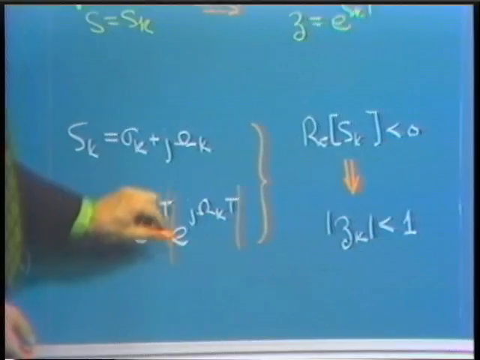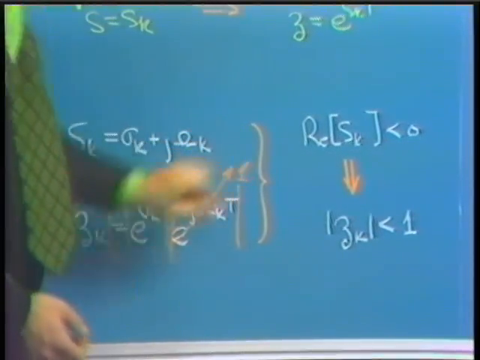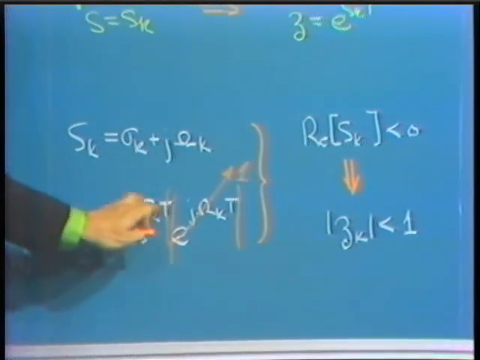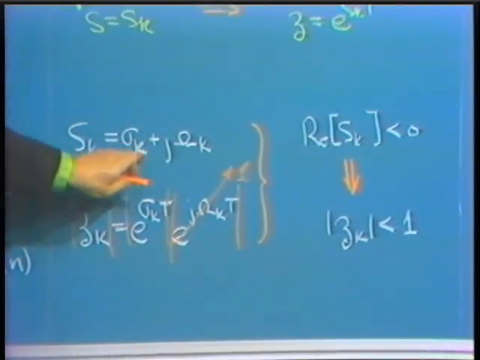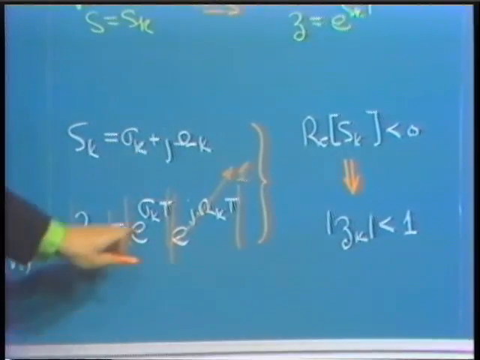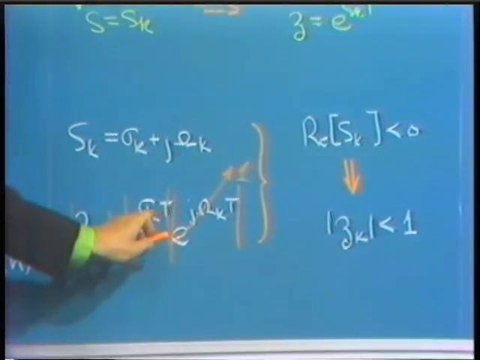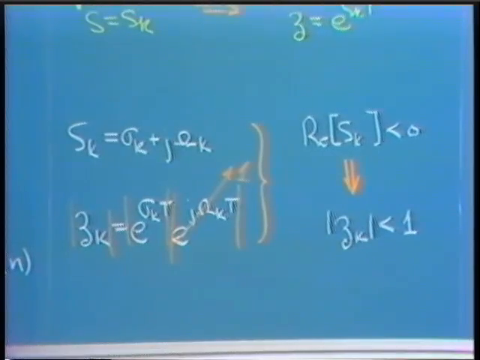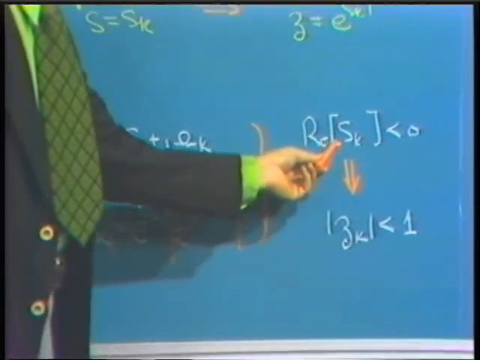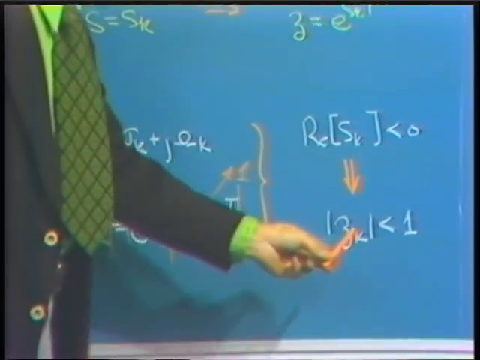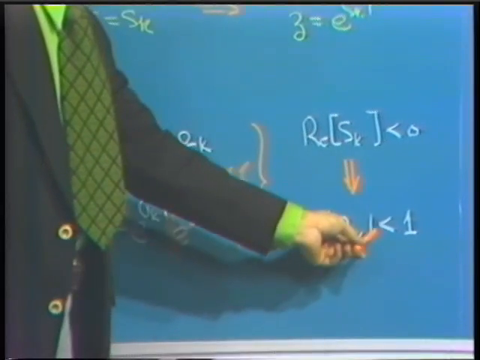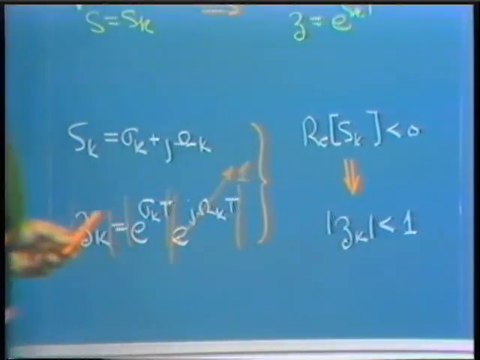The magnitude of the second term is unity. So all that we care about is the magnitude e to the sigma sub k capital T. Well, if the analog filter is stable, sigma sub k is negative. If sigma sub k is negative, then e to the sigma sub k capital T has a magnitude less than 1. So consequently, if the real part of s sub k is less than 0, then the magnitude of z sub k, the magnitude of the pole, is less than 1.